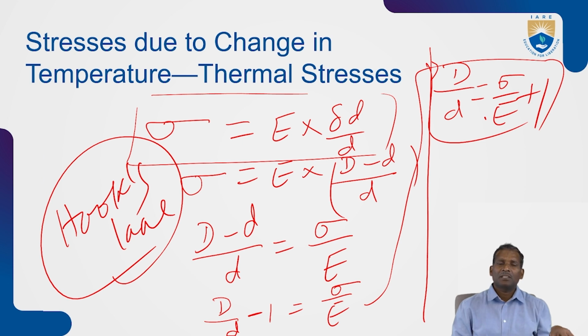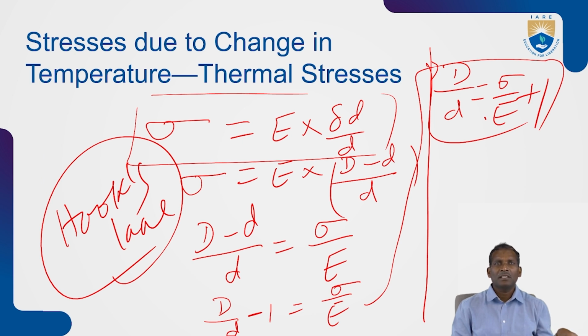Factor of safety is nothing but the maximum ultimate stress to the working stress or design stress. So how much it can withstand, that is the maximum value, and how much load you applied. Clear? Based on this, the factor of safety is calculated.